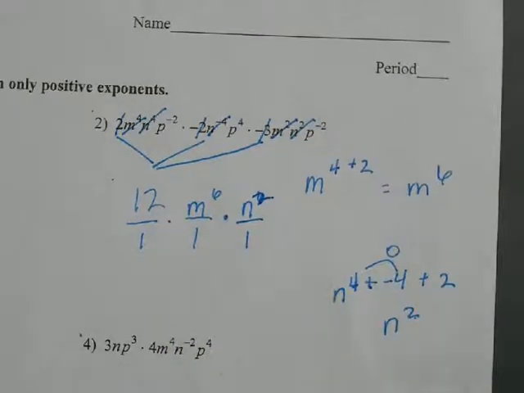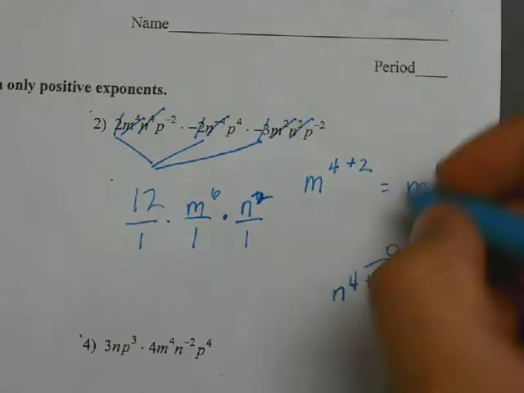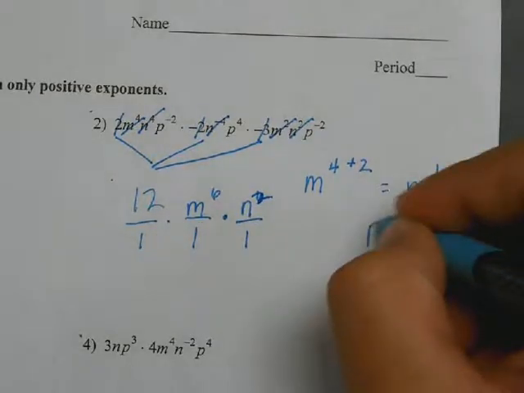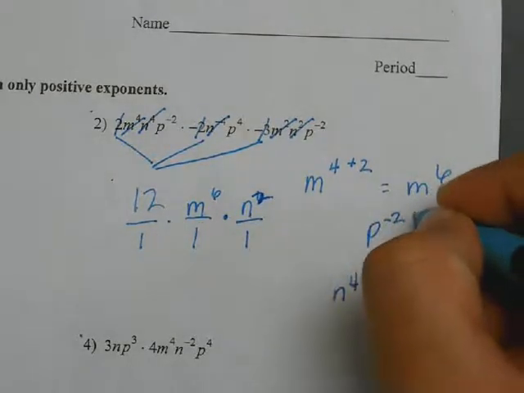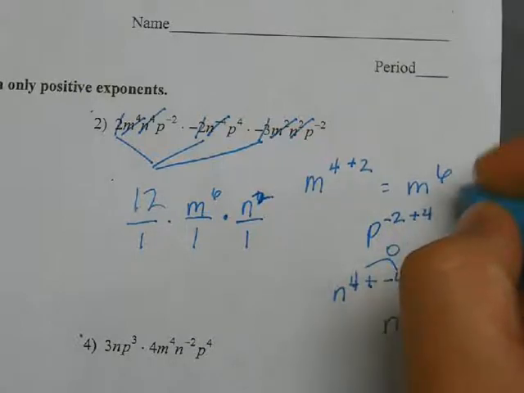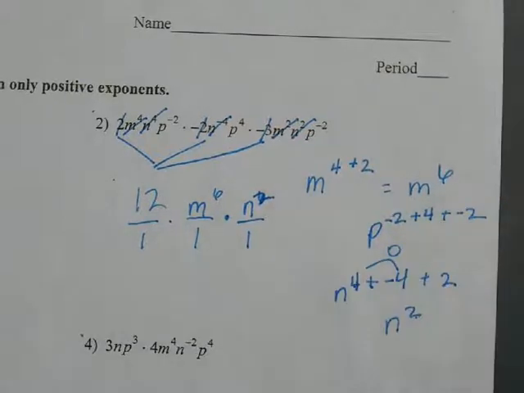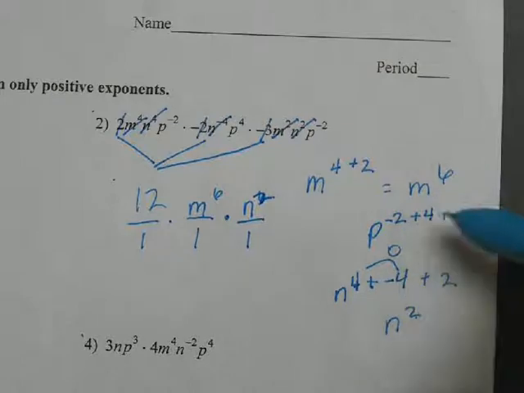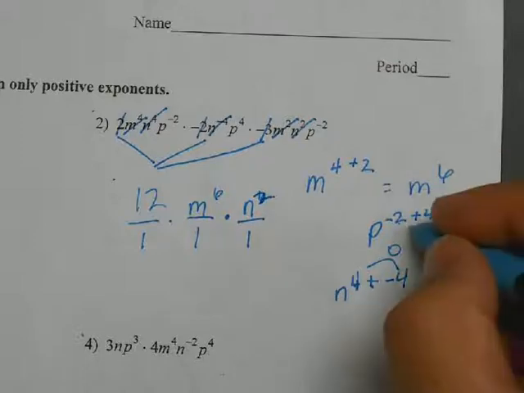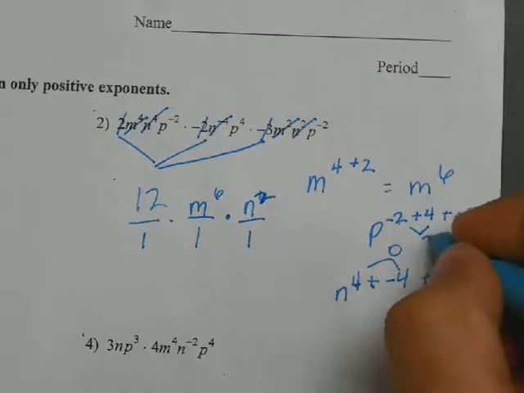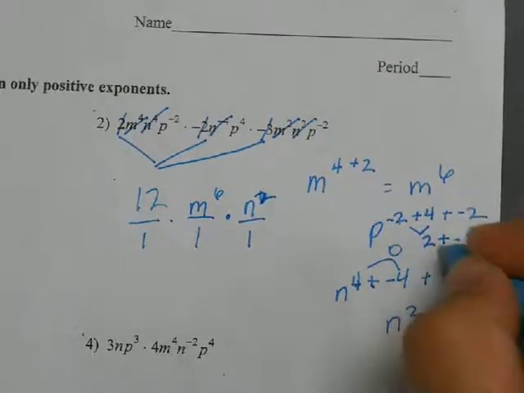Now go to your p's. For our p's, we have -2 plus 4 plus -2. So for our p's, we have -2 plus 4, so -2 moved to the right 4 times would actually take us to positive 2, and then positive 2 moved to the left 2 would take us to 0.